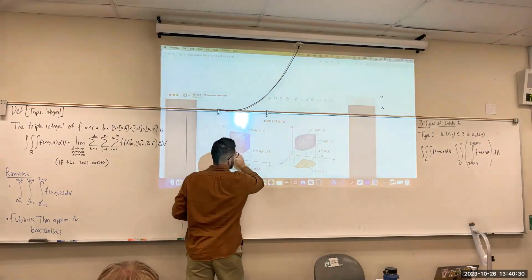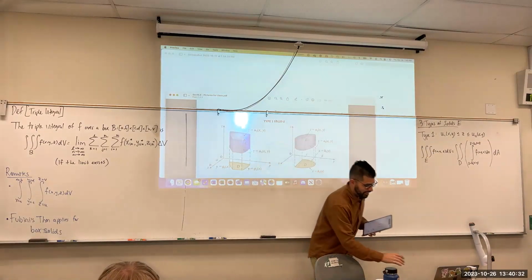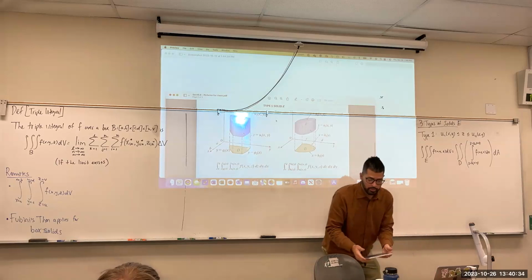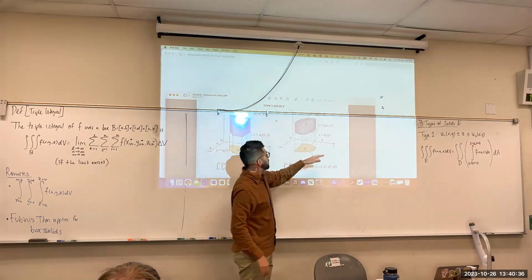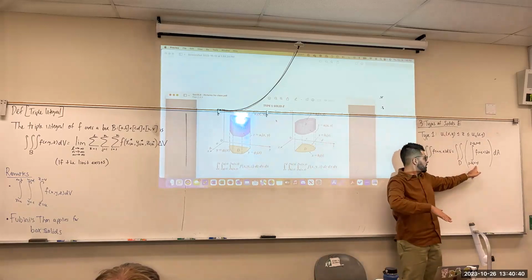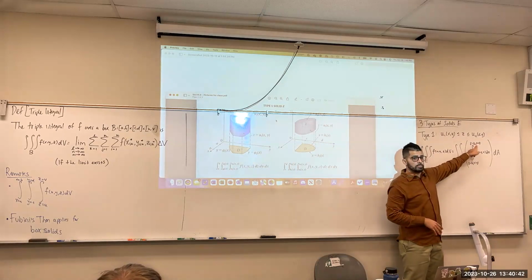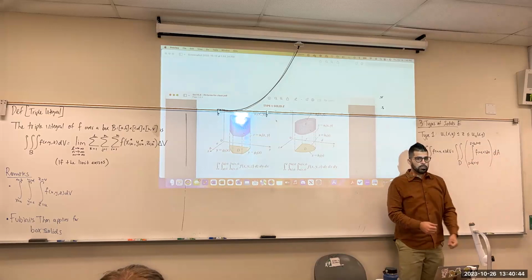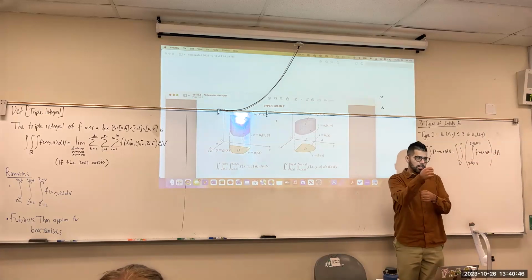Here's where it gets a little harder. This tells you that the lowest z will be this, the highest z will be that, okay? Let's picture that skewer analogy.